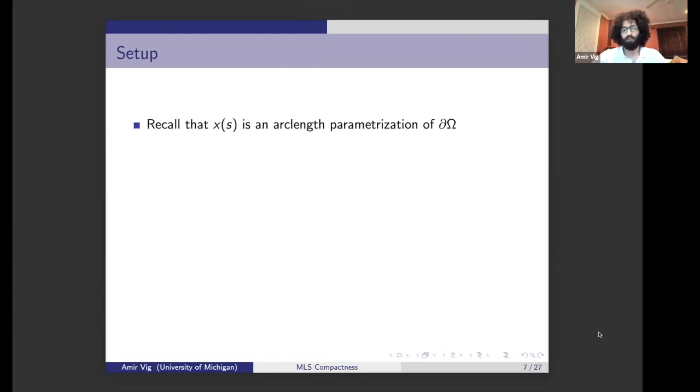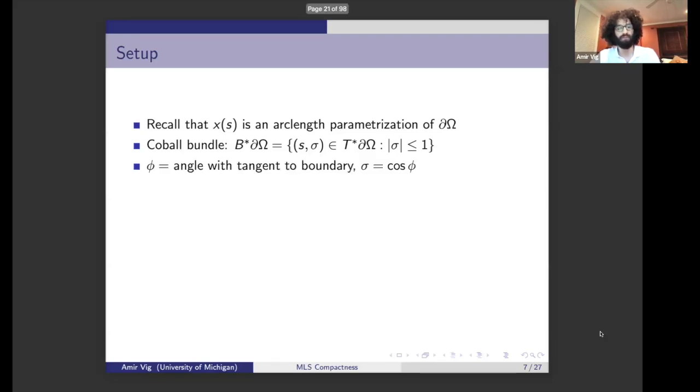So how are we going to prove any of these theorems? I won't say anything about the Poisson relation in this talk, but there is a preprint available. So we start with an arc length parameterization, as we did before, and we can define the coball bundle of the boundary to be the set of all cotangent vectors which have magnitude less than 1. So since this is in dimension 1, these are just numbers of absolute value less than 1.